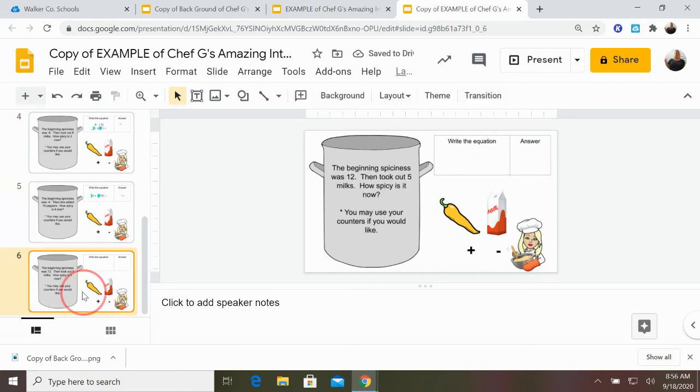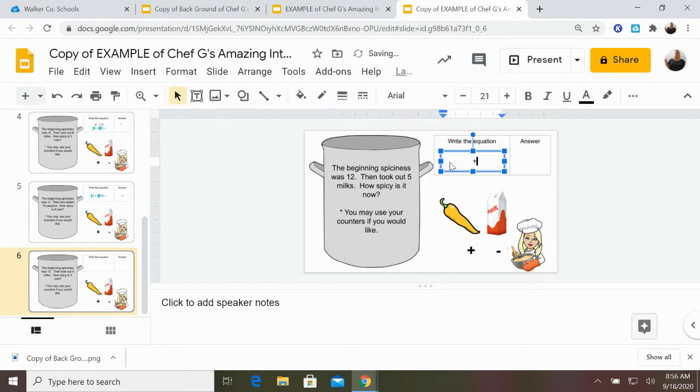And the last one here, before I let you have it, the beginning spiciness was 12, so I know that that's a positive 12. Then I took out, so that means I'm going to subtract 5 milks. Milks are negative, so that would be -5, and then equals. Again, I see I have two negatives together, so I'm going to notate that by changing those signs. I would have positive 12 plus positive 5.